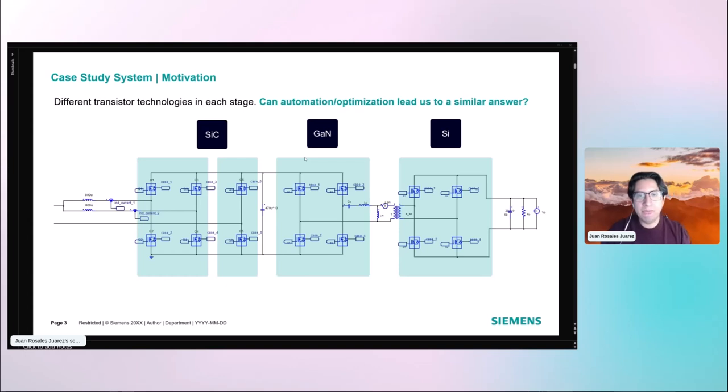And the question is, could we automate the optimization for the selection of these devices in these stages? On this topology, you would also expect, and that's what happened, interleaved and parallel configurations. So the idea is, can we get to that conclusion with optimization and Altair tools?